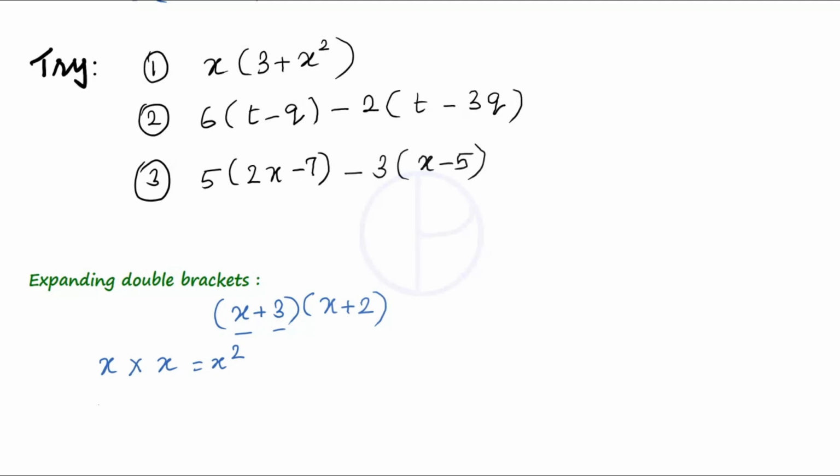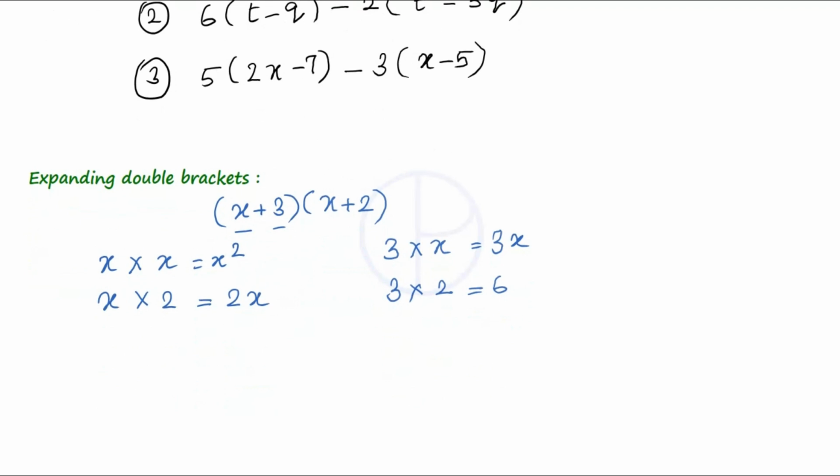x multiplied by 2 is 2x. 3 multiplied by x is 3x. 3 multiplied by 2 is 6. Now add them all together. We get x squared plus 2x plus 3x plus 6.